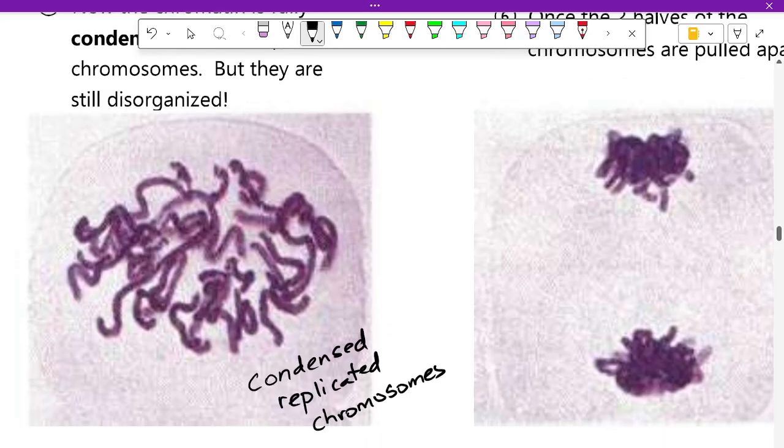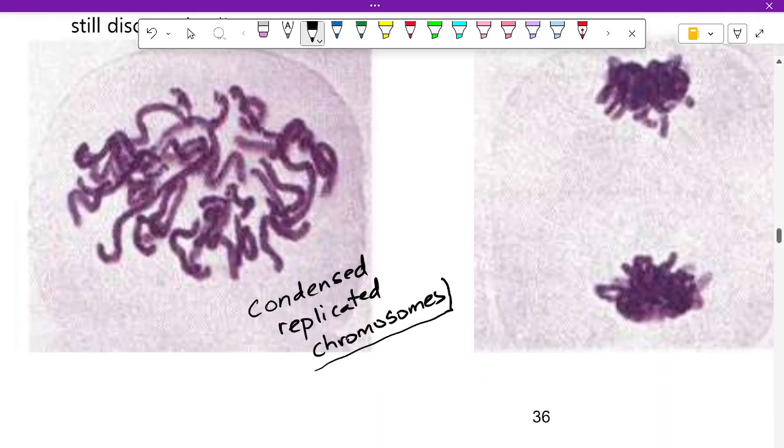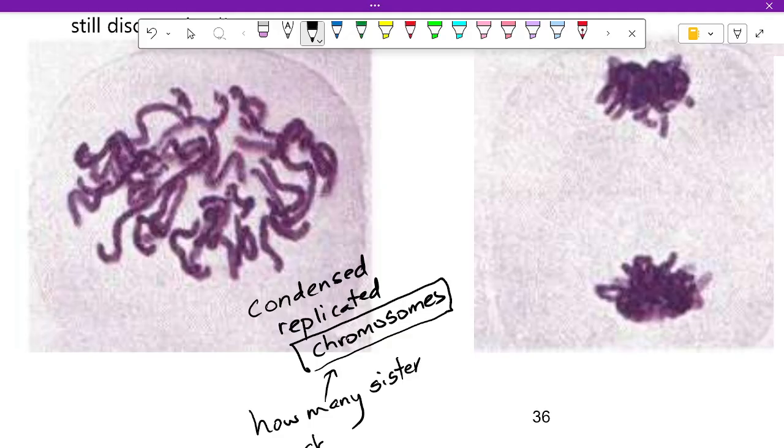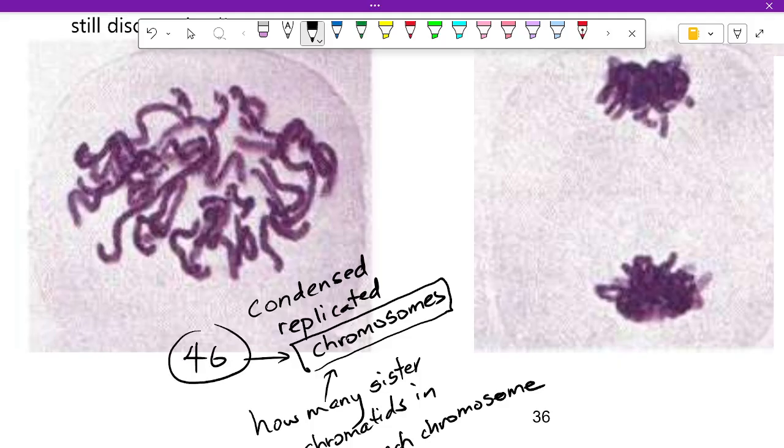How many sister chromatids in each chromosome? So, hang on. How many chromosomes? 46 chromosomes.